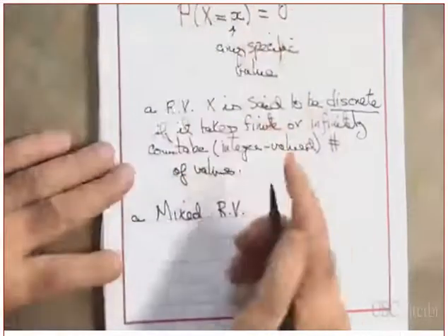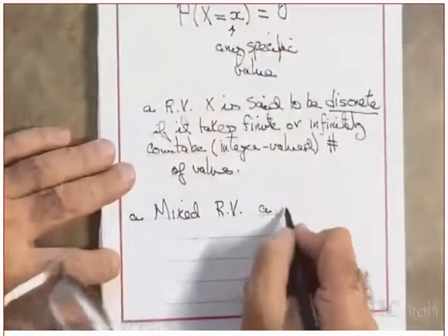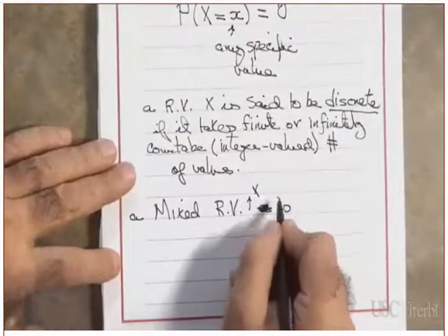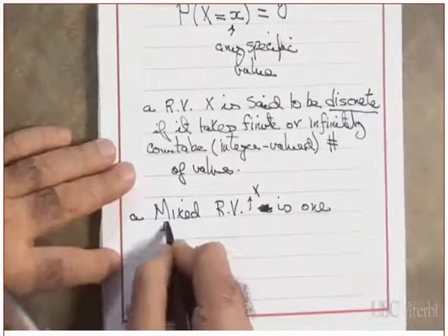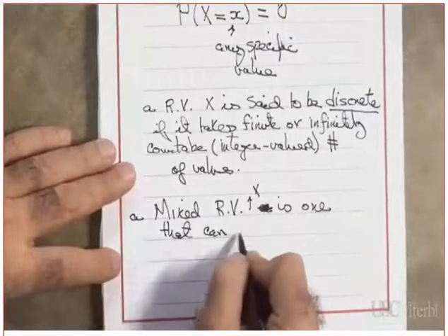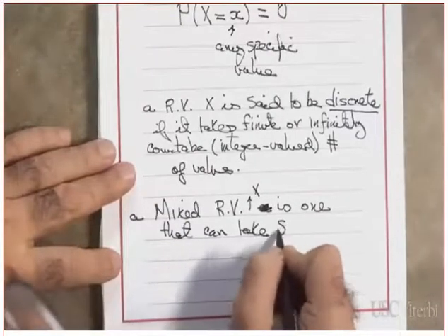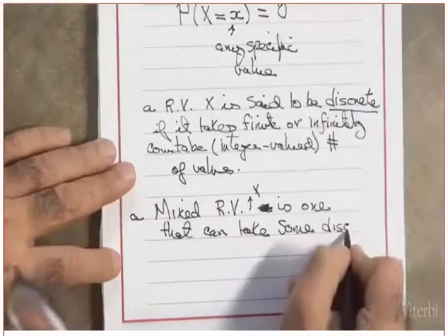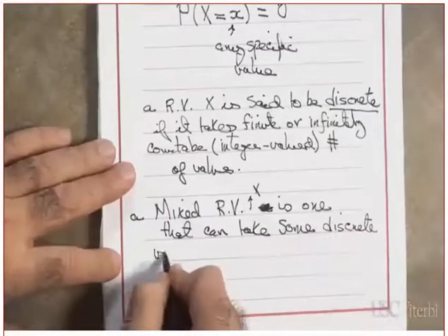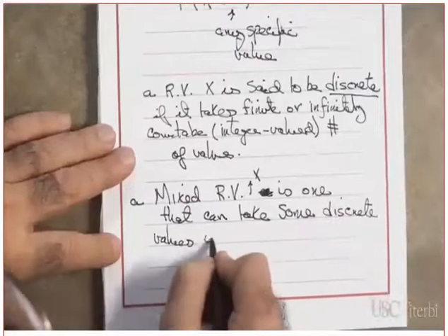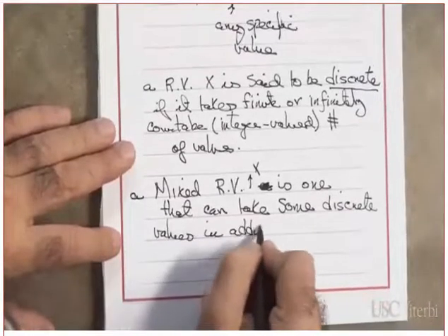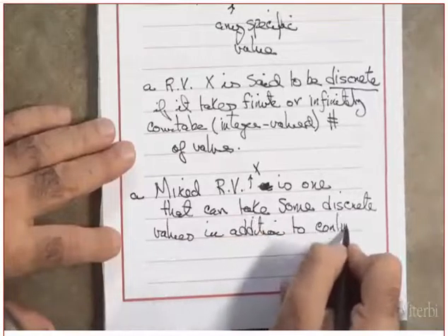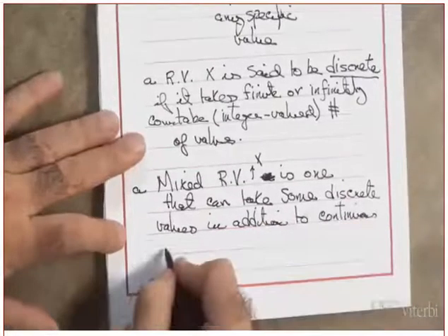From the definition, a mixed random variable X is one that can take some discrete values in addition to continuous values.